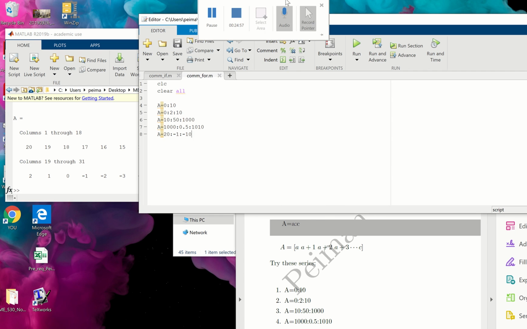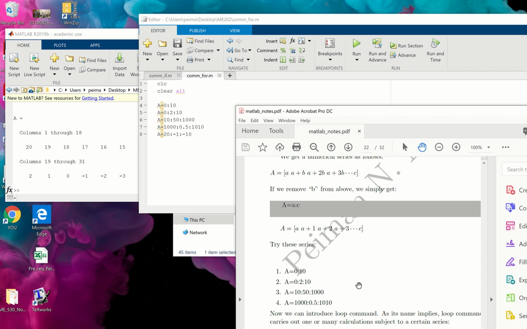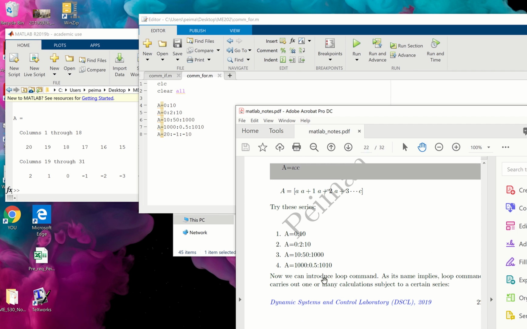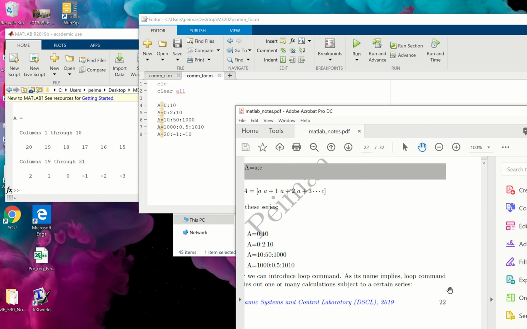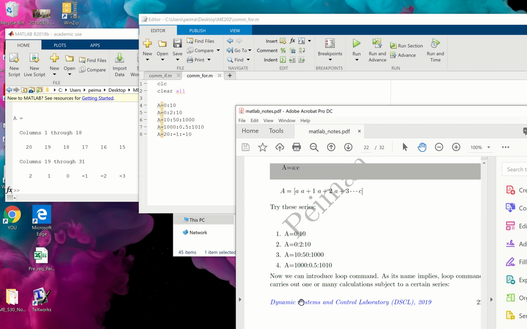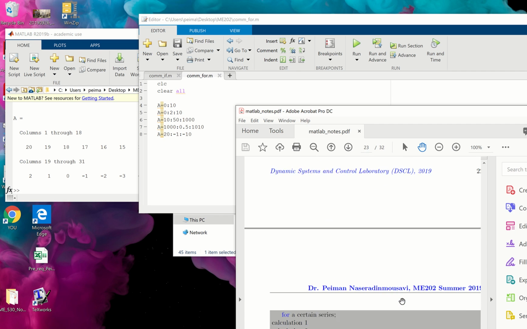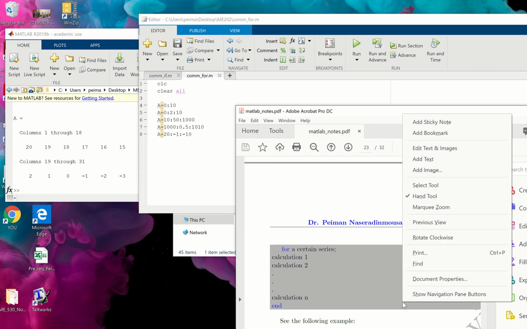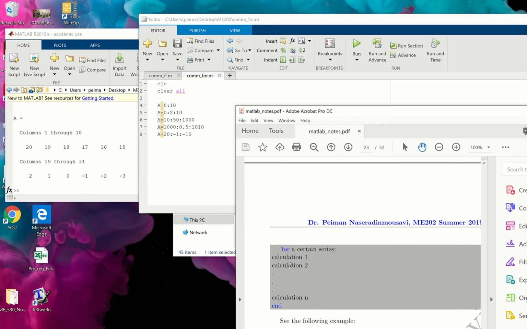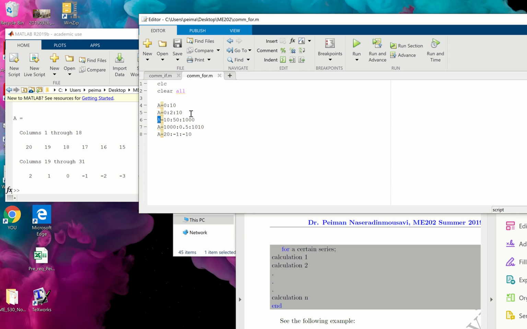Okay, understand? Now we can introduce the for loop command. As its name implies, the loop command carries out one or many calculations subject to a certain series. So this is the general structure of the for: first of all, a certain series that you generate like this.